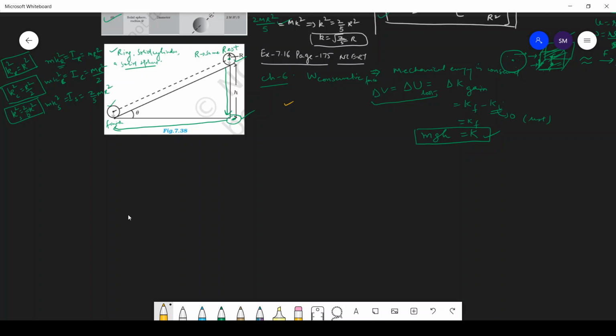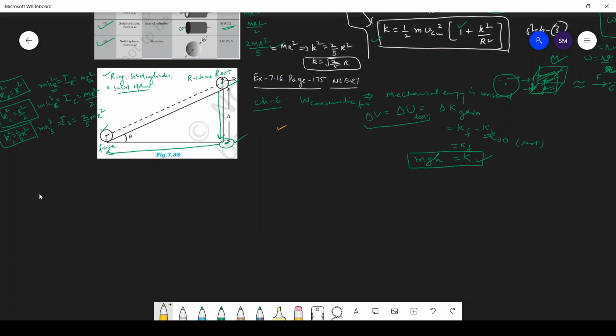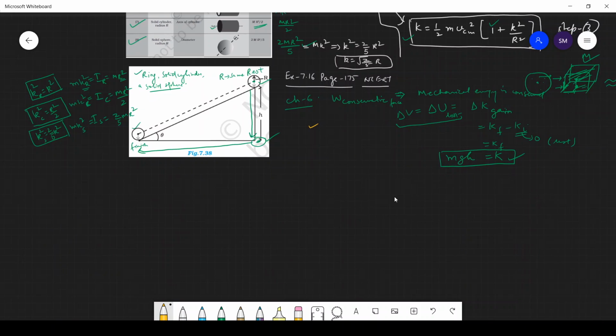Now we know the value of K. What is the value of K? Now we'll be doing it for the ring, and then the solid cylinder, and then the solid sphere.